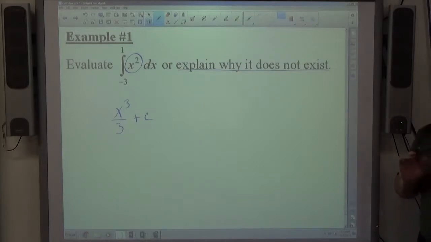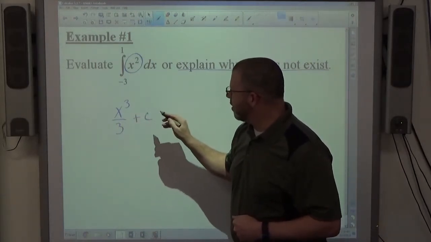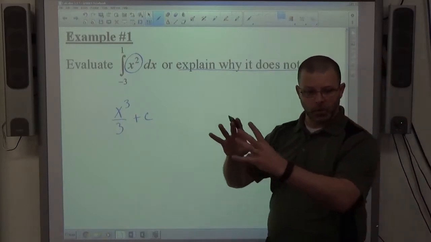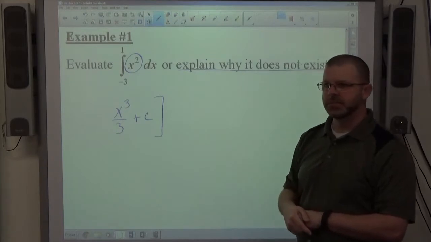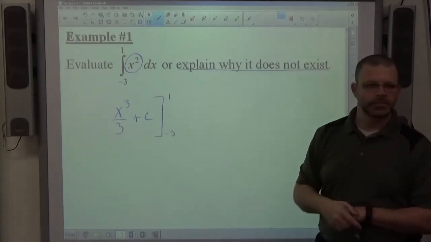All right. Now, just a nice little note here on notation. Once I've written the antiderivative, the way your work is supposed to look on your paper is this. You put a bracket and you put the small number to the big number over here.